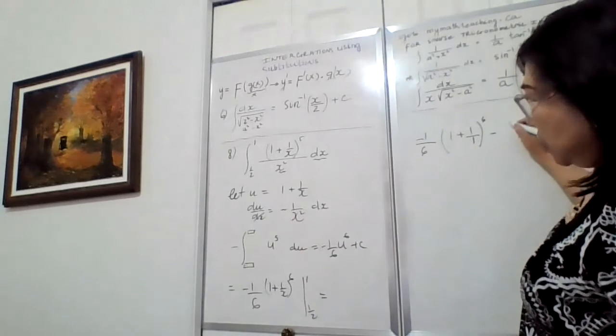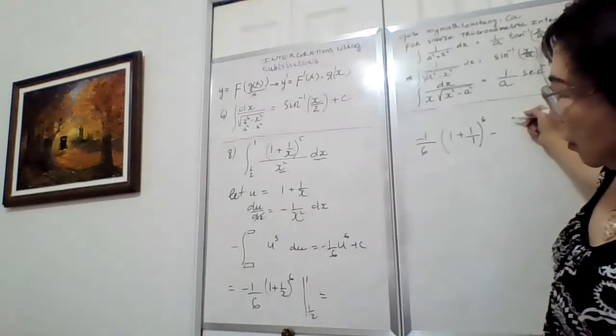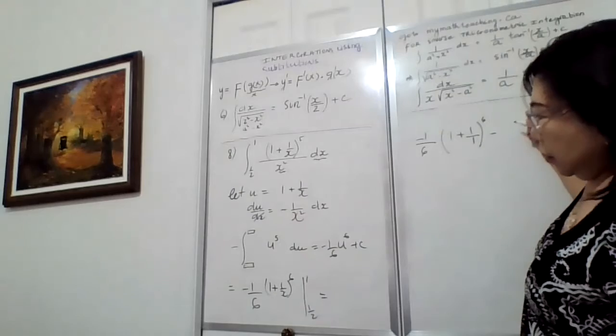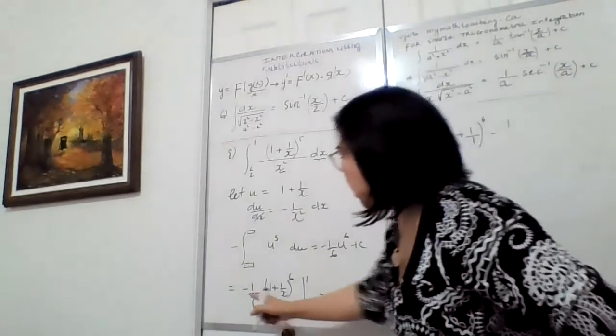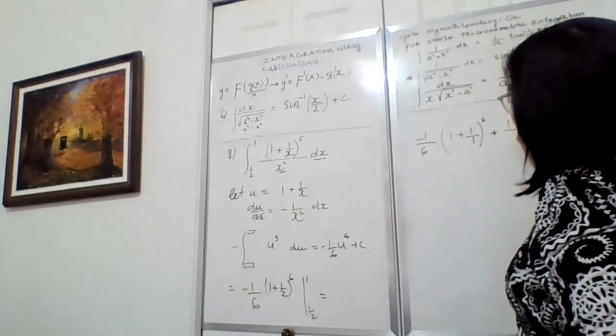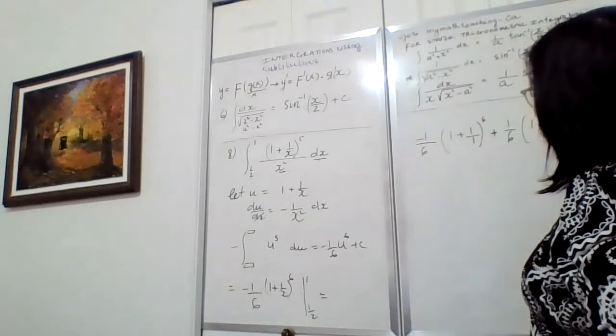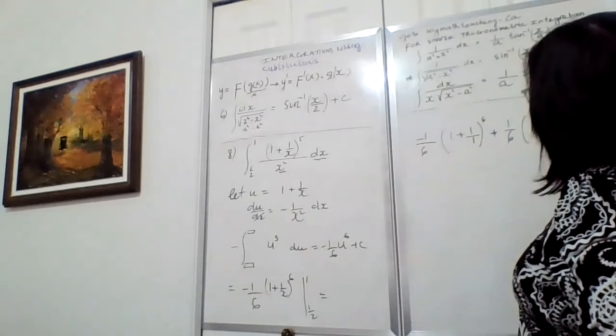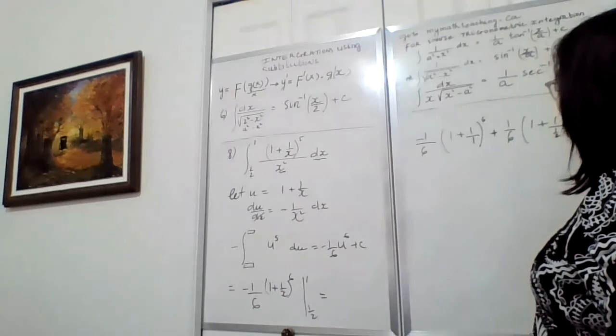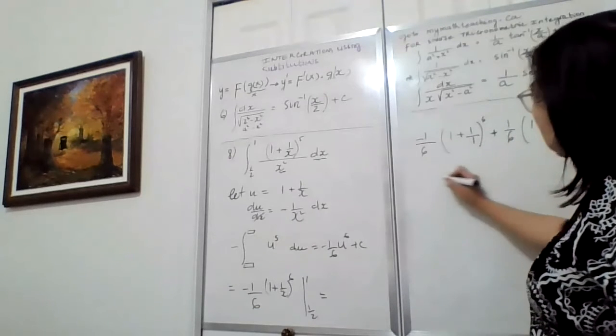And minus, right? Minus becomes plus 1 over 6, 1 and 1 over 1/2, to the power 6.